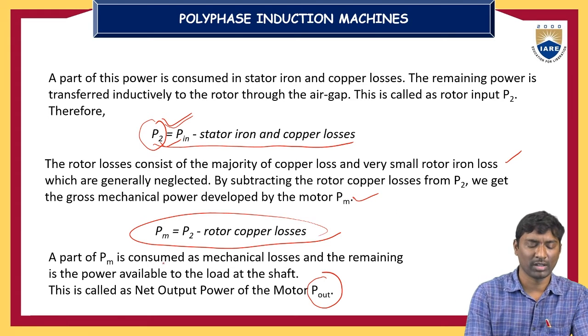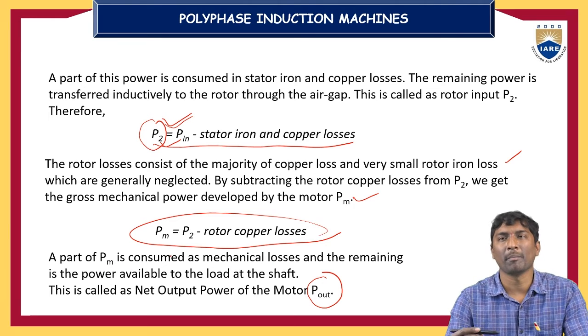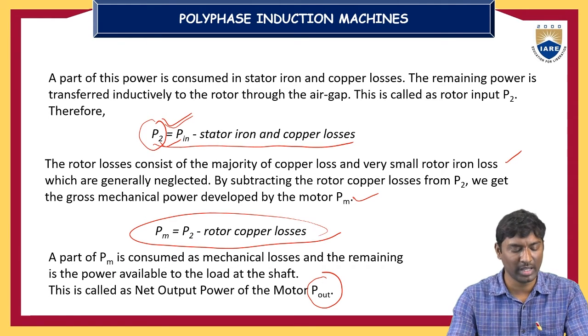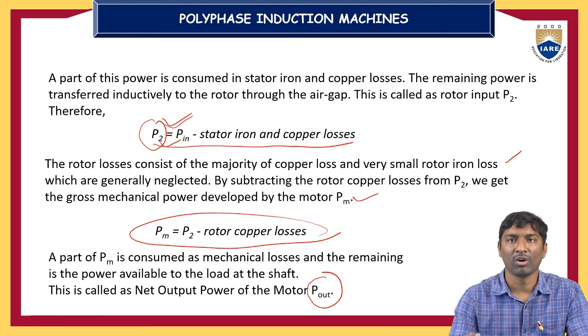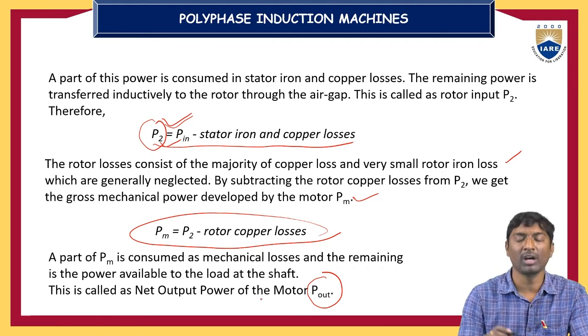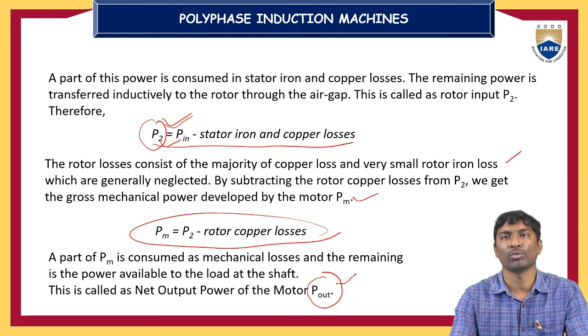Then at the last stage, P mechanical is consumed by the mechanical losses and the remaining is the power available at the load at the shaft. That is called the net output power of the motor, that is P output. So this is the power stages in case of the induction motor.